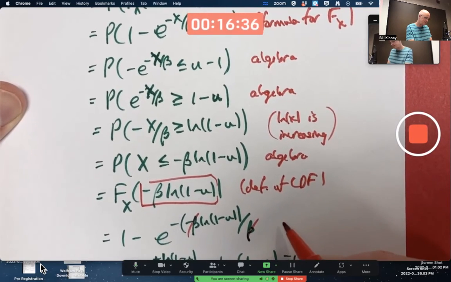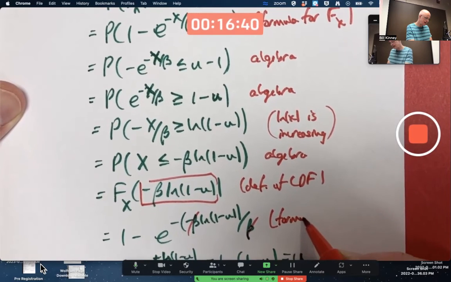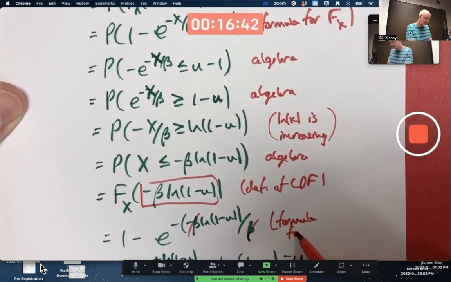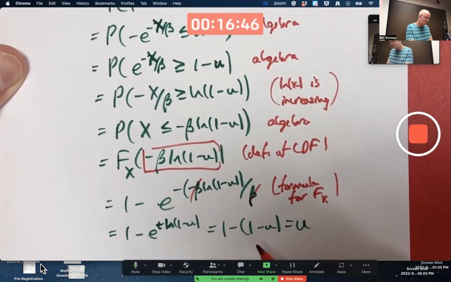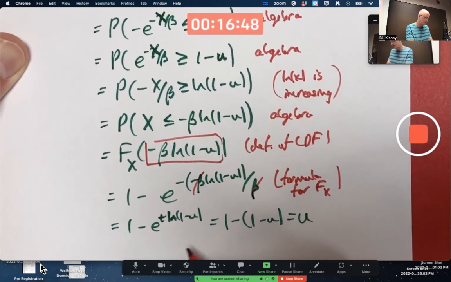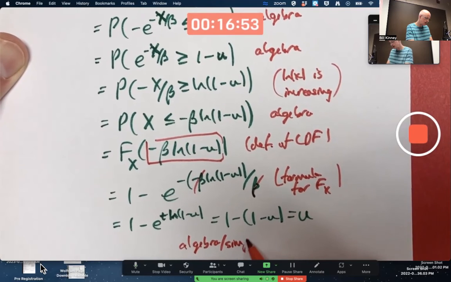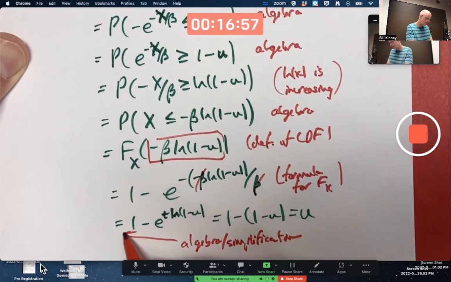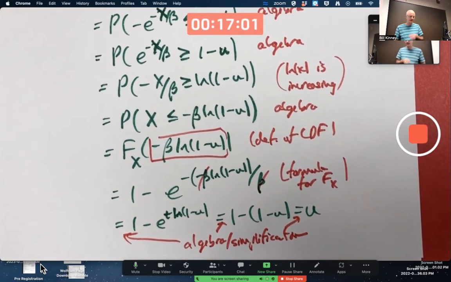And here is using the formula for capital F of x again. Capital F sub x. And then algebra or simplification. Algebra and simplification is what's left over here. And we get something very simple in the end.